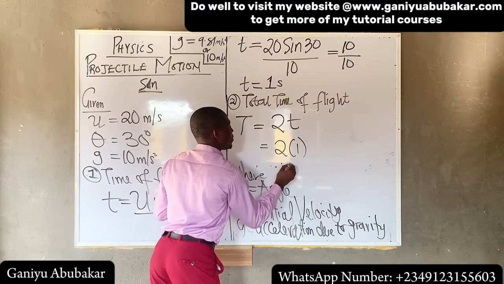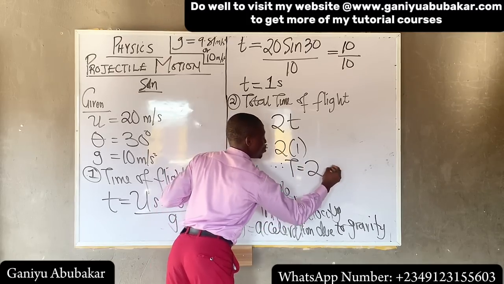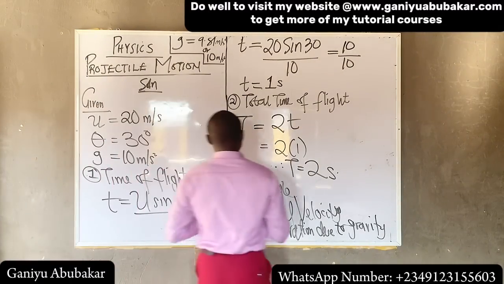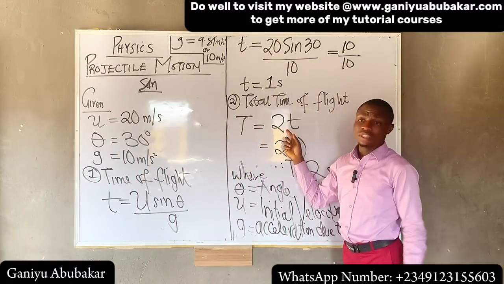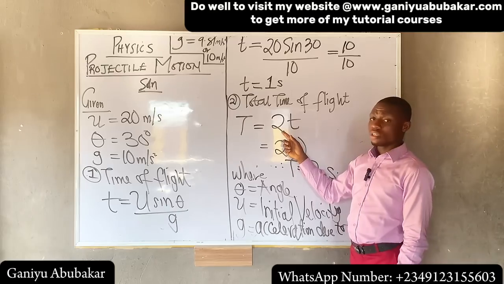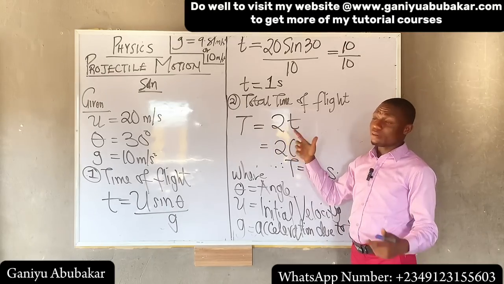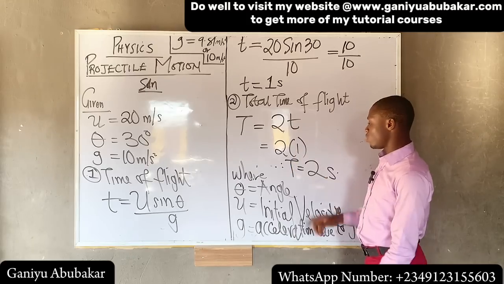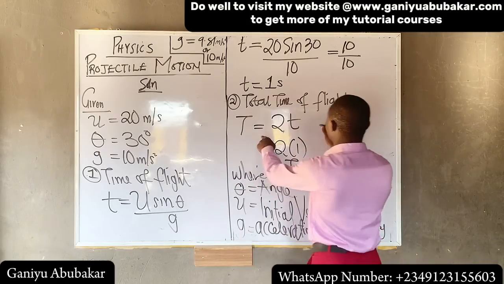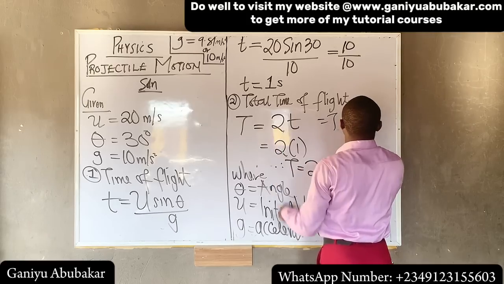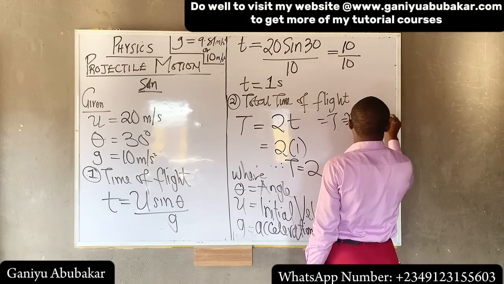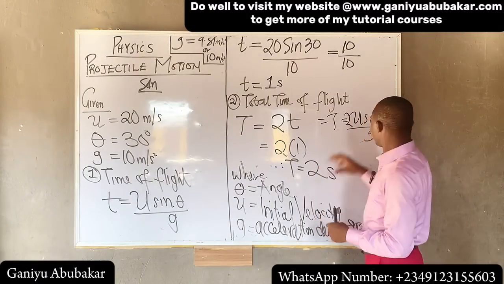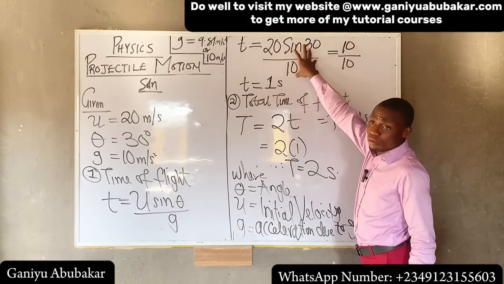Therefore capital T is 2 seconds. We say capital T equals 2t, or use the formula 2u sine theta over g. You see the same thing, but this one is what you solved earlier, to save time.